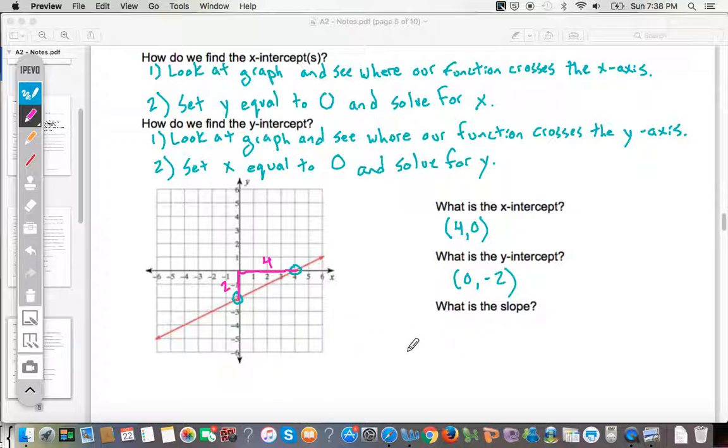Okay, so I know my slope, which is m, which is rise over run, equals my rise of 2 and my run of 4, which can be simplified to 1/2. Okay? So, let's move on here.